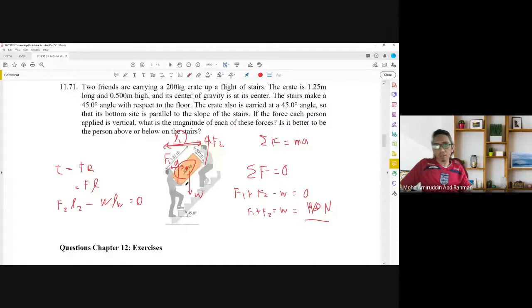So we have that LW. So LW is just 0.375. Okay, because half of this is 0.625.